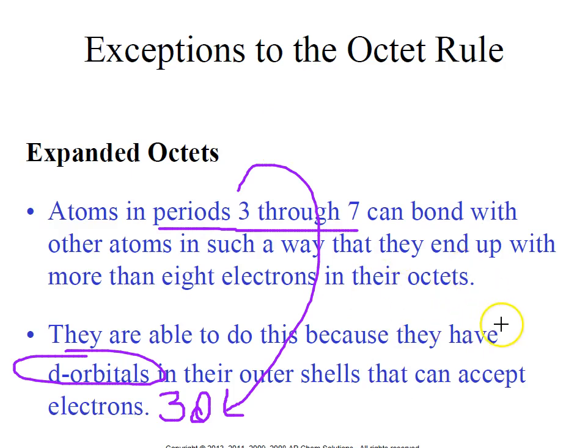Also, if you think about elements in periods 3 through 7, they have lots of protons in their nucleus, so they could attract more than 8 electrons to themselves. The most we see still is 12. So that's the most we'll see in bonding, is an element having 12 electrons around itself.